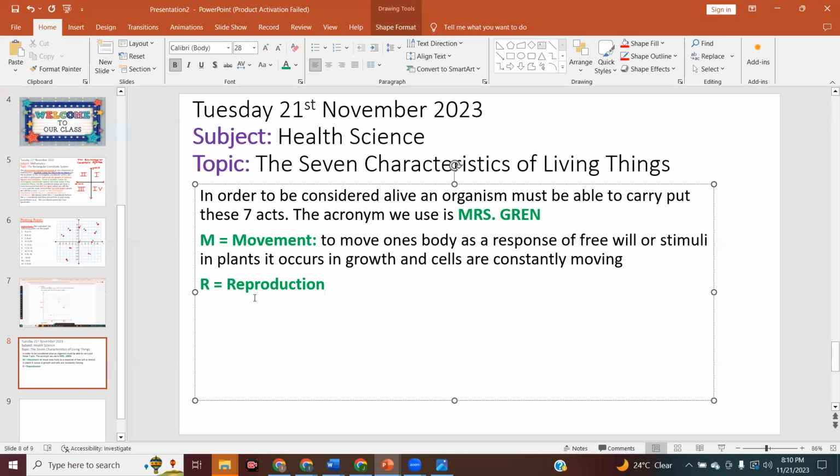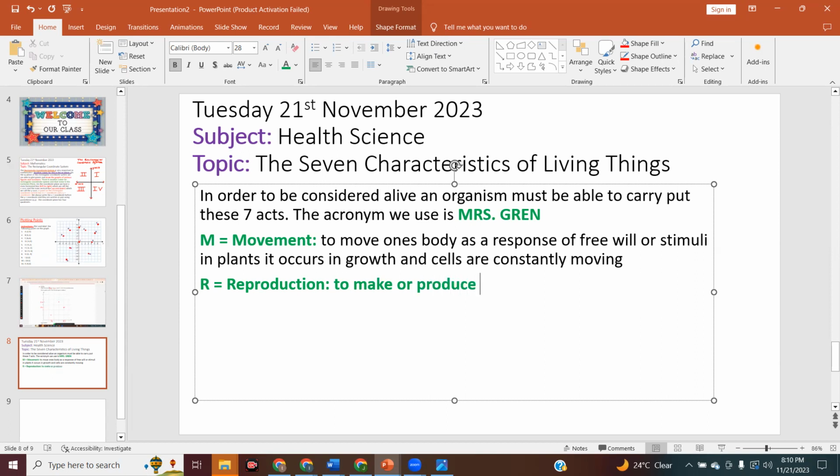So let's say reproduction, because we could have that ION. Everything that is alive must be able to make offspring that is similar to itself. Reproduction means to make or produce.